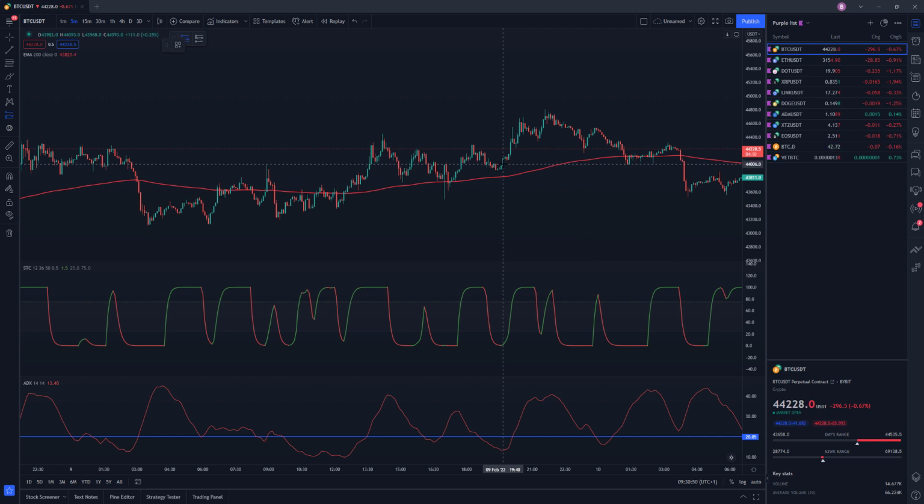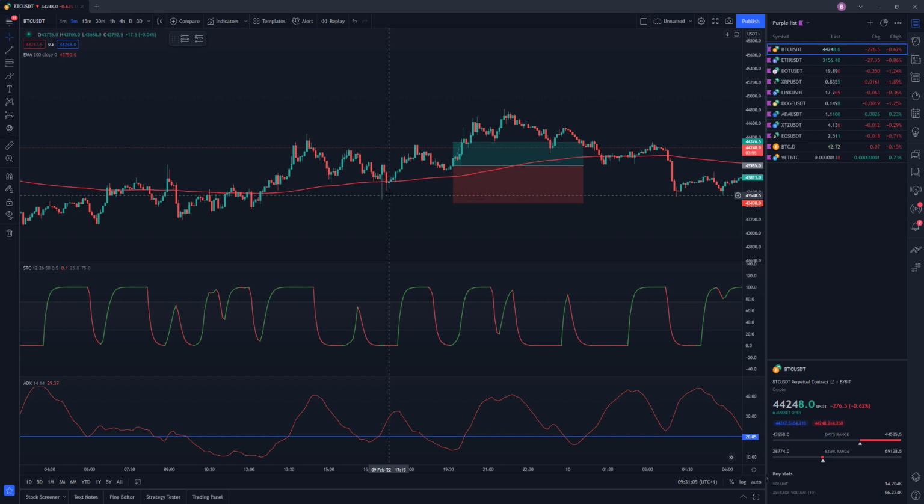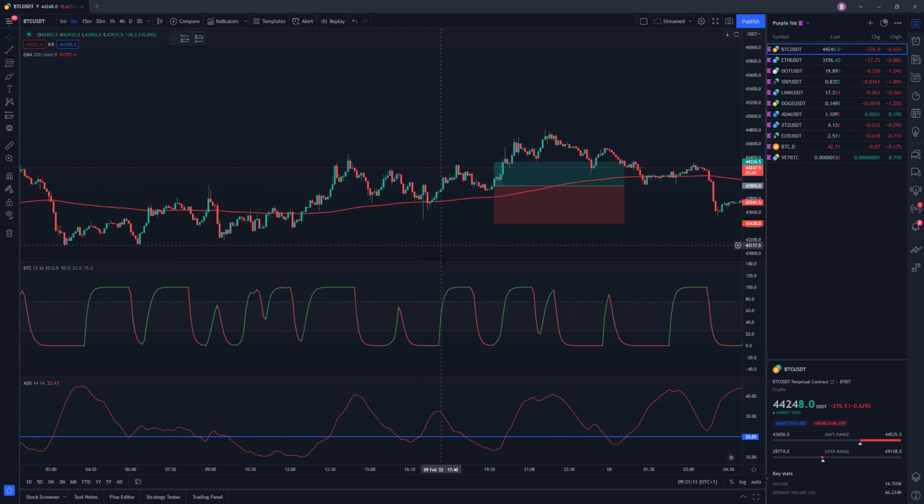As an example, if I would have taken a long position here, I could not because the ADX is underneath, but still, if I had taken it here, I would place my stop loss not on the EMA, but beneath the last swing low, because that gives me a little bit more space, especially with a long wick like that.